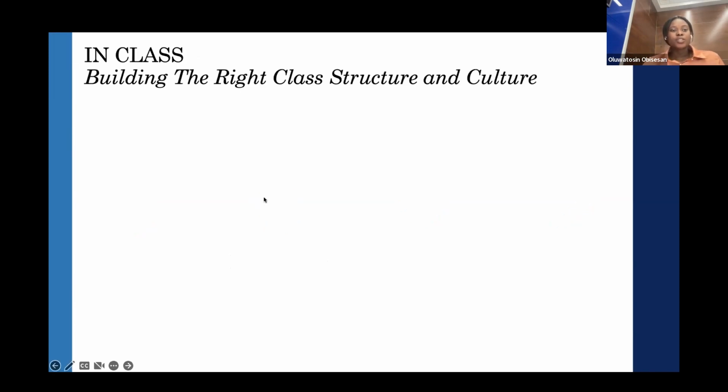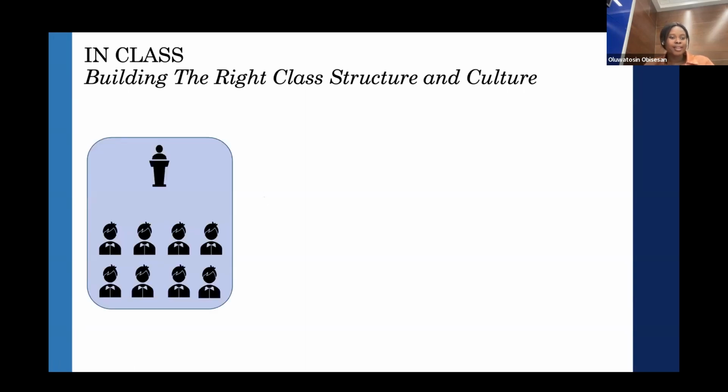And then this also goes into building the right class culture, because to drive student engagement, I believe that the structure and the culture in the class is very important. You can have a classroom culture where there's this figure of a TA who is leading the class, and there's a one or two-way exchange of information between the students and the TA.